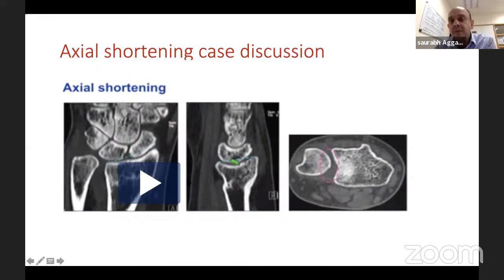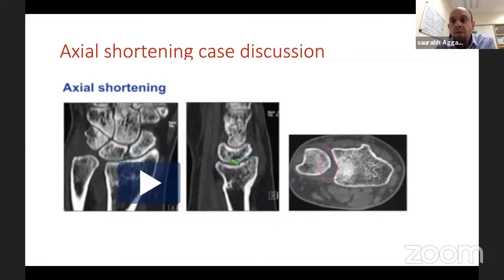These are just pictures I've taken from a journal for completeness' sake. In this case, you can see there's a distal radius malunion. You can see the radius is clearly shortened, but inclination is fine and your volar tilt is maintained. So if your inclination and volar tilt are maintained and the radius has only shortened, these are the cases where you can do an ulnar shortening osteotomy.